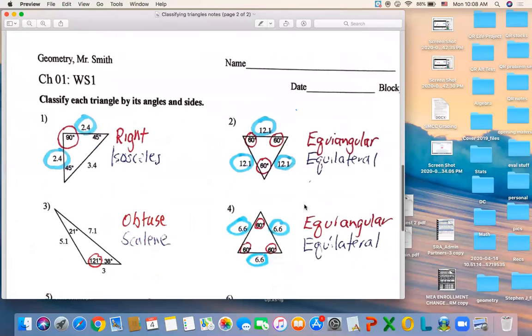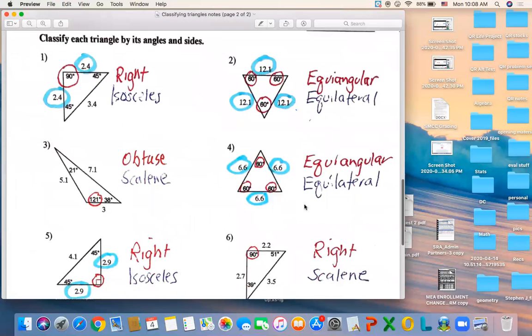So if I look at these examples here, you see the red circles. I've gone to the largest angle in each of these triangles. So to classify first by angles, I'm going to look. It's 90. My key above says it's a right triangle.